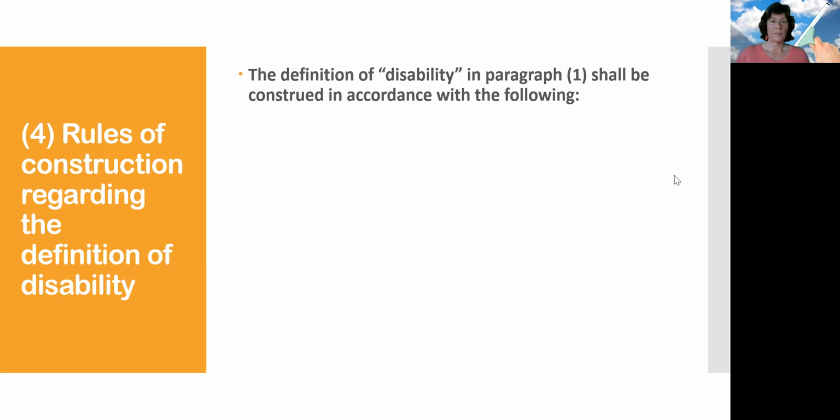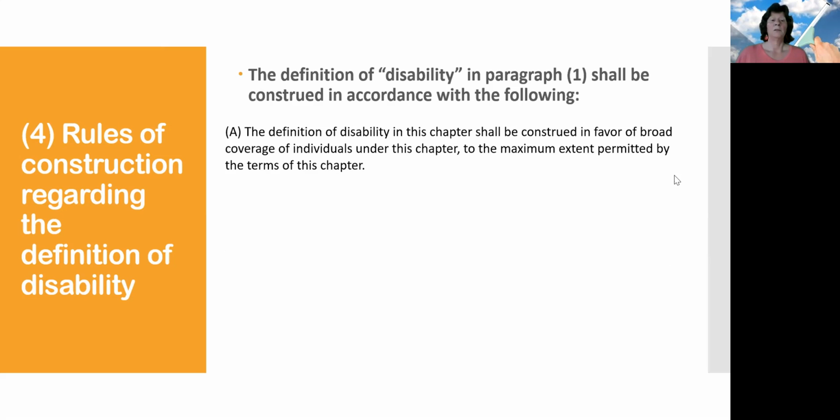Let's look at the rules of construction regarding the definition of disability. The definition of disability in paragraph 1 shall be construed in accordance with the following. A. The definition of disability in this chapter shall be construed in favor of broad coverage of individuals under this chapter to the maximum extent permitted by the terms of this chapter.